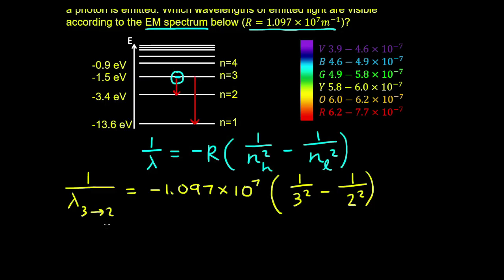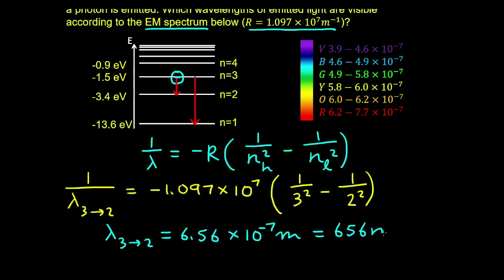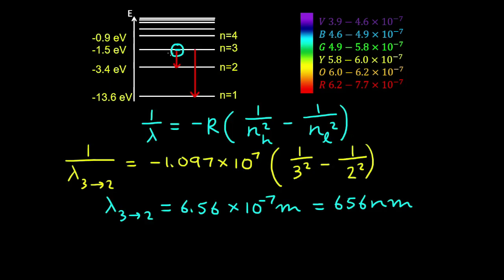So if you solve for the wavelength, you get 6.56 by 10 to the minus 7 meters, and multiplying this by 10 to the 9 gives 656 nanometers. And similarly, you can determine the wavelength of emitted light when the electron drops from energy level 3 to energy level 1.